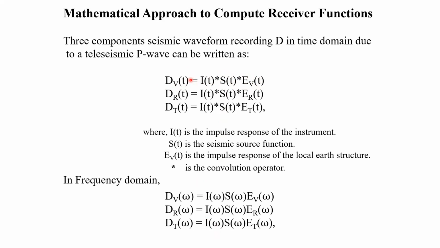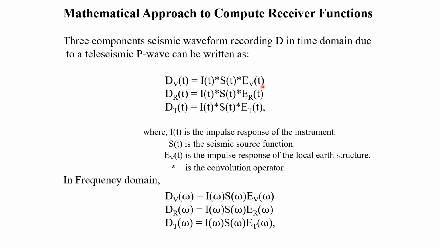This seismogram is also known as a seismic waveform recording, which is denoted by T. Our main goal is to find this E, because you want to find the impulse response of the local earth structure.